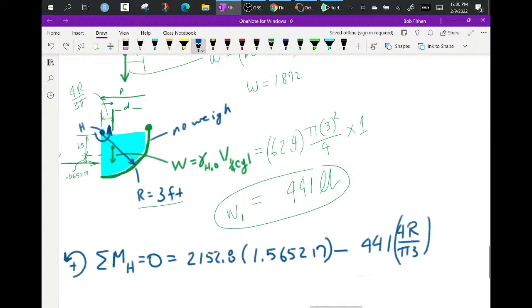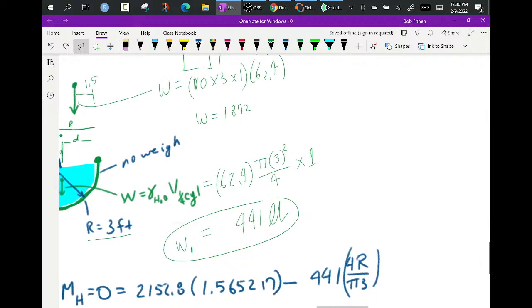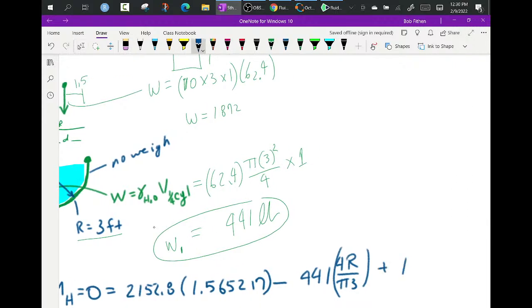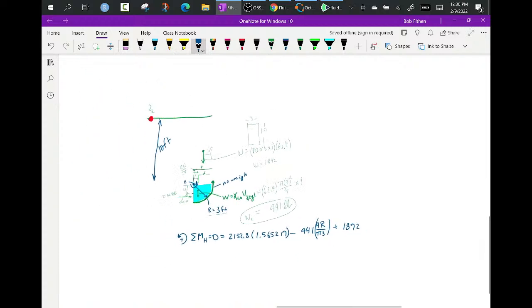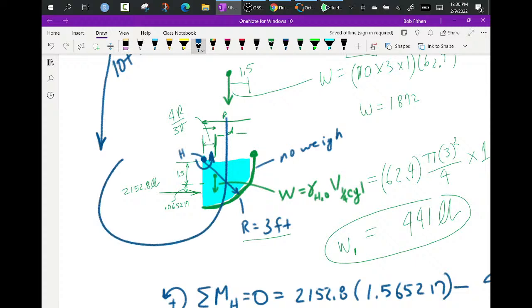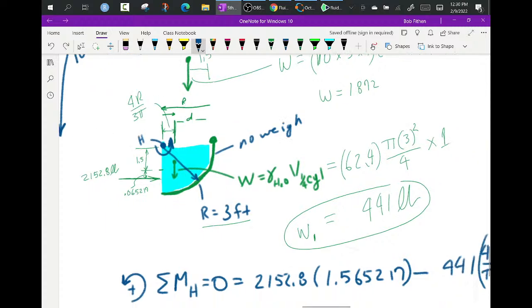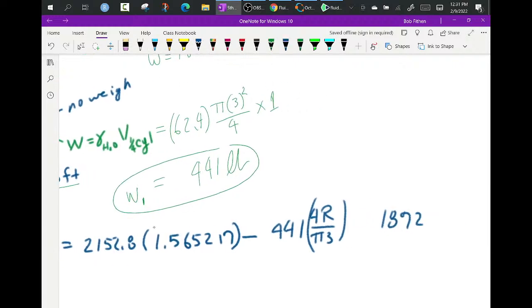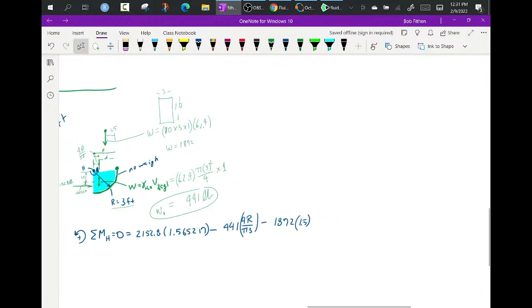And the next one is 1872. Now, it is doing the same thing. It is producing a moment this way, which is opposite to positive. So it's supposed to be a negative, times 1.5. Now, was there extra digits up here? I don't know. So let's look at each one of these.